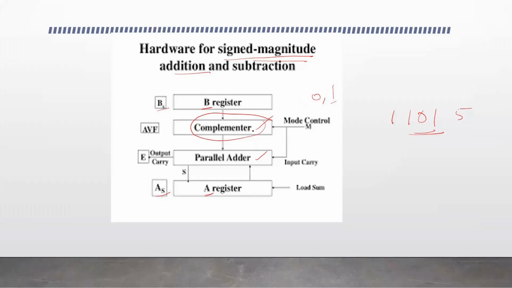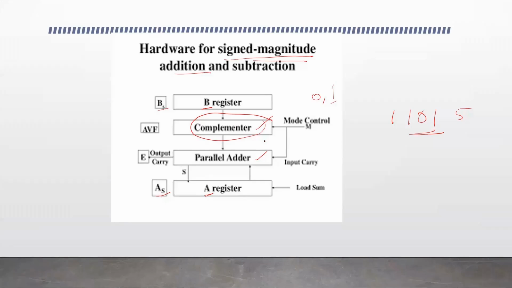The procedure is here. A and B are the two numbers, and AS and BS are the sign bits, the two flip-flops that hold the sign bits of A and B, which say if the number is positive or negative. The circuits we need to perform this are an adder and a complementer, for performing addition and subtraction.